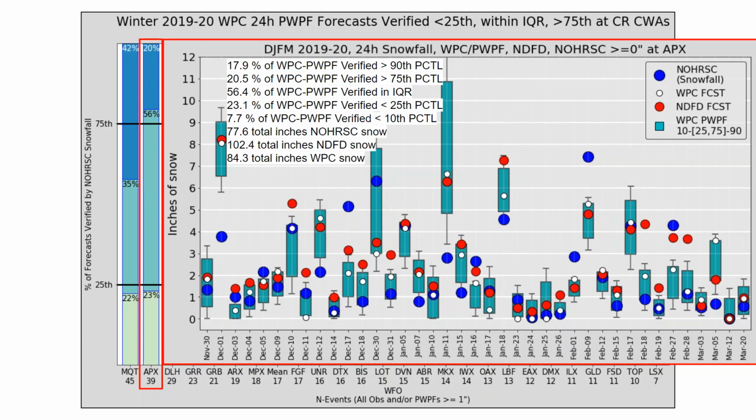Deterministic forecasting is, people want a number, but we know that it often should be a range. But if you're in that interquartile range, you've probably got a pretty decent shot, certainly a coin flip. If you add some skill to that, you should be better than a 50% chance of ending up within that range. I'm really intrigued by this January 11th event, which is kind of in the middle of the plot here.